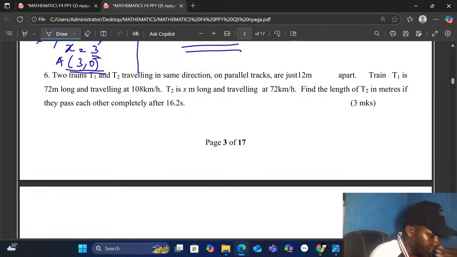T2 is X meters long and traveling at 72 kilometers per hour. Find the length of T2 in meters if they pass each other completely after 16.2 seconds.